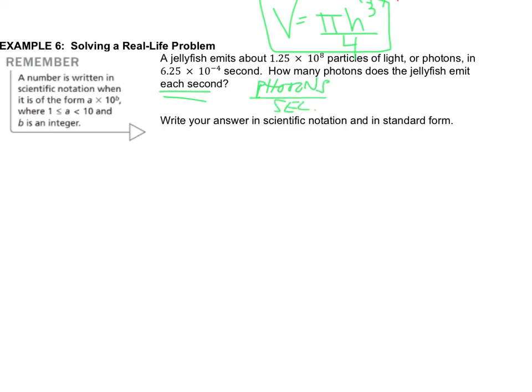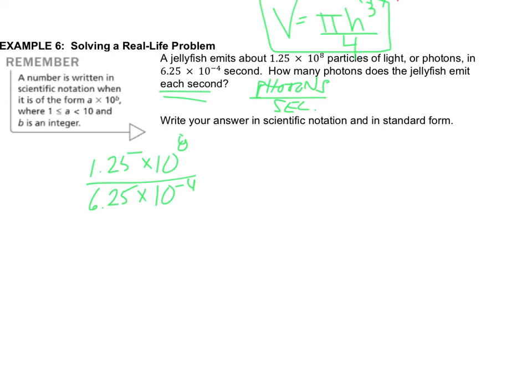That's what our final answer is going to look like. So with that in mind, I'm going to keep my information the same. 1.25 times 10 to the 8th divided by 6.25 times 10 to the negative 4th. This will help me find my answer.